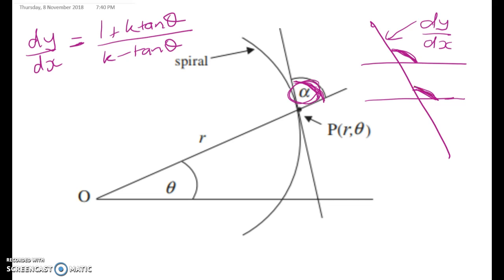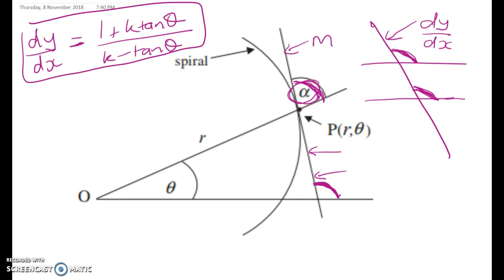I don't have parallel lines in this problem, but what I do know is the value of the tangent here, we'll just call it m, is the same as the value of the tangent all the way around that line. So if we can figure out this, maybe we can find a link between this and something to do with alpha. So if we could delete that curve, the spiral, we might be able to figure out what's this angle.